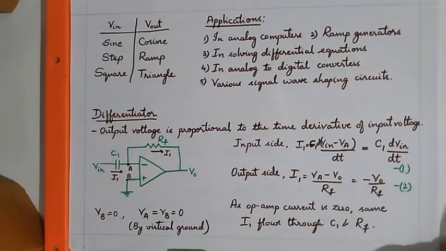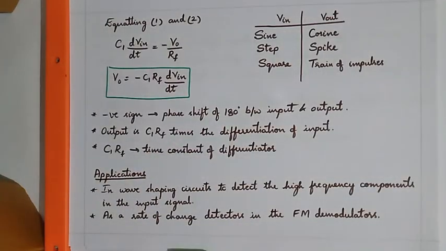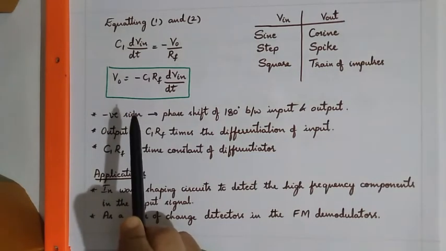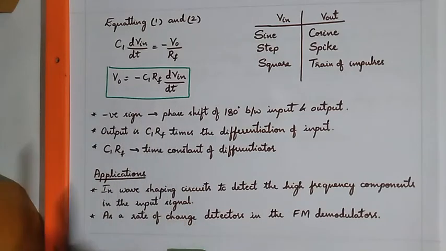Equating the two current equations, we have C1 into dVin by dt equal to minus V0 by RF. Rearranging, we have V0 equal to minus C1 RF into dVin by dt. The negative sign indicates a phase shift of 180 degrees between input and output.